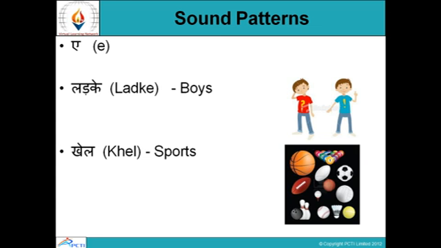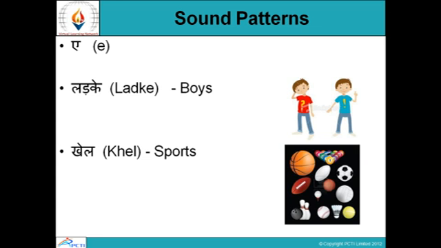Ladke. Ladke are what? Boys. In Hindi we call them ladke. We all know we have two kinds of human beings, males and females. Boys are called ladke in Hindi.